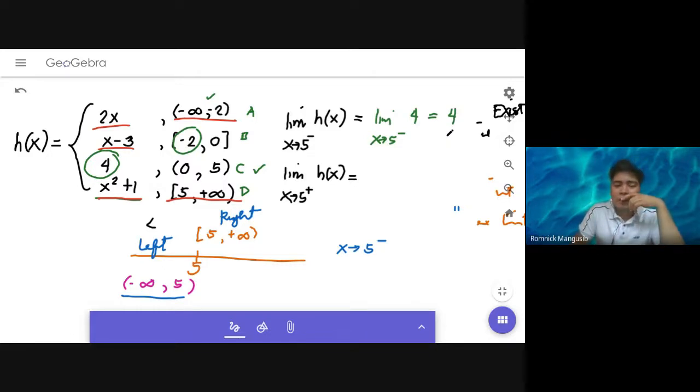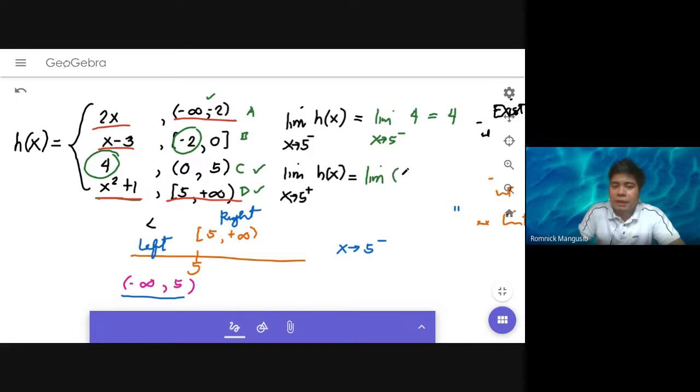So what about if you're looking into right of 5? Nasaan dito, anong interval ang napapabilang lahat ng numbers greater than 5? Obvious letter D. Ano ang kanyang function? X squared plus 1. Therefore, you have to make use of x squared plus 1.